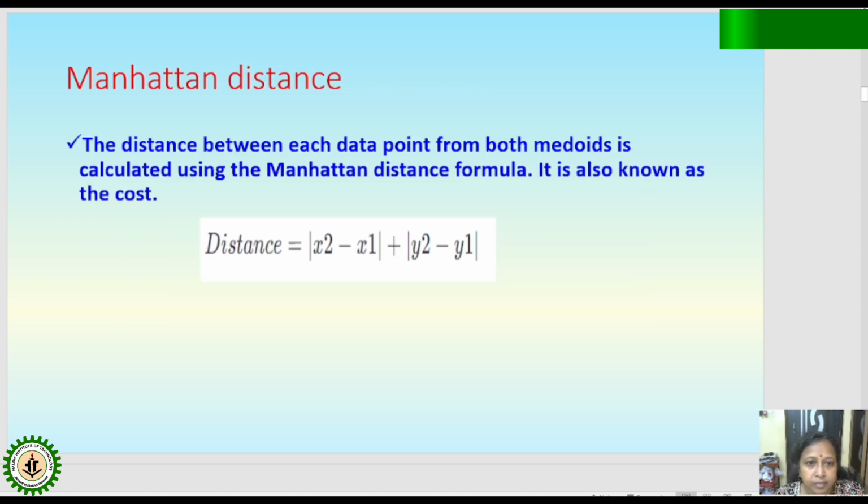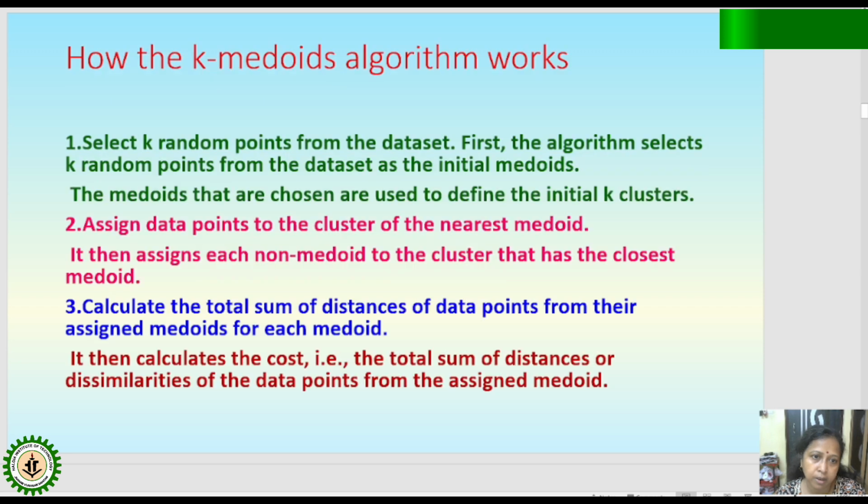Next, in the K-medoid algorithm, we use the Manhattan distance formula for calculating the cost. The distance is equal to the absolute value of x2 minus x1 plus the absolute value of y2 minus y1.